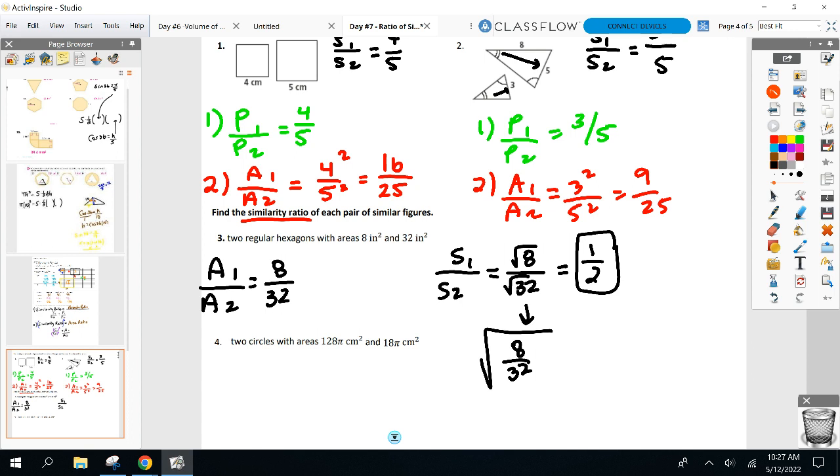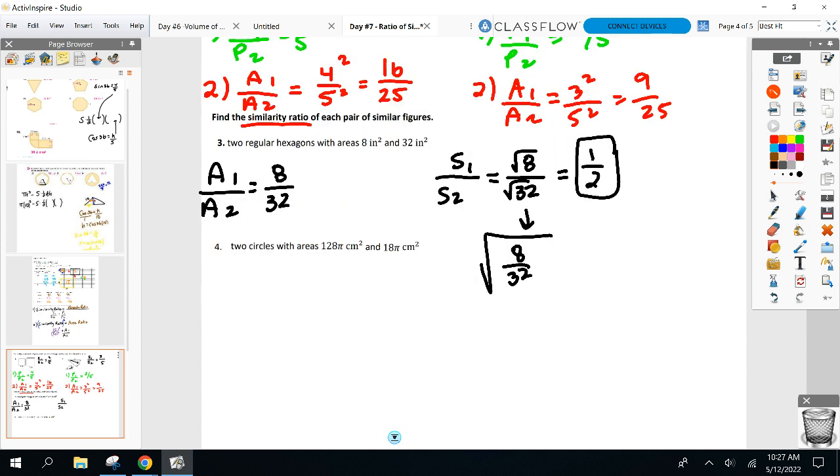And 2 circles now. I'm going to give you the areas here. 128 pi over 18 pi. Again, how do I go backwards for S1, S2? Take the square root. And your calculator can handle this.